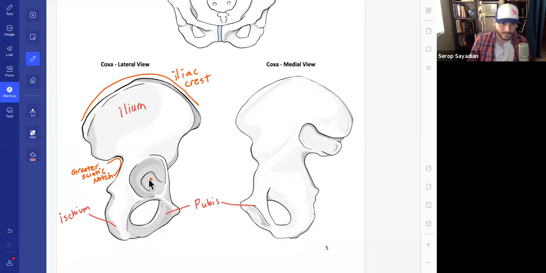Okay, and who remembers what this big crater was called? No one? Acetabulum.